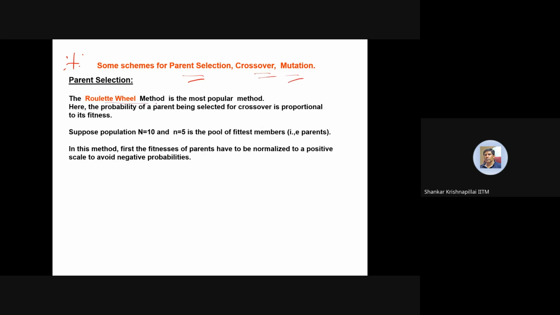The roulette-wheel method is the popular method to choose the parents for mating. Here the probability of a parent being selected for crossover is proportional to its fitness. I will explain the reason for this.